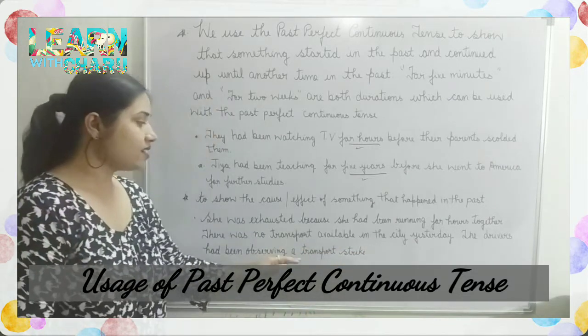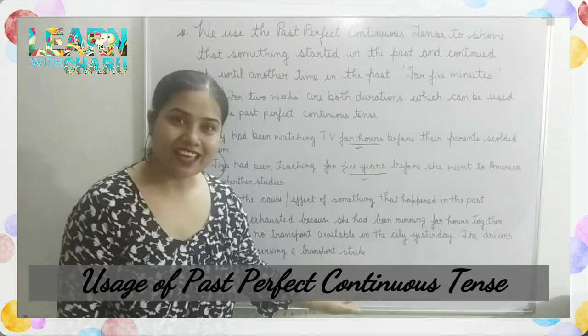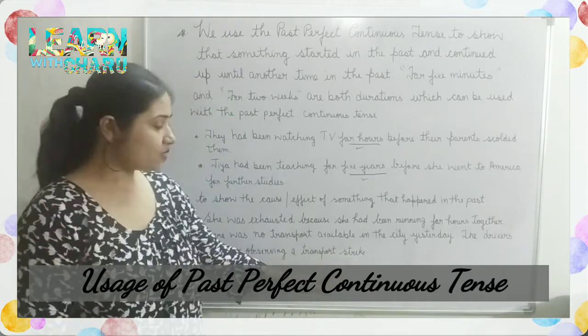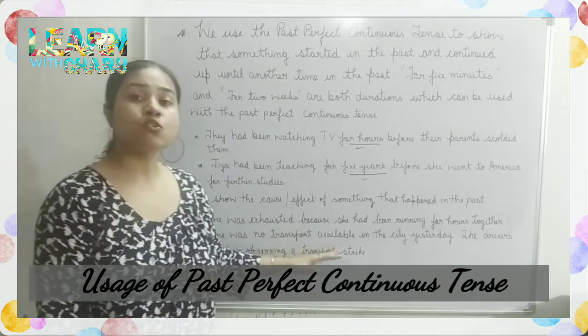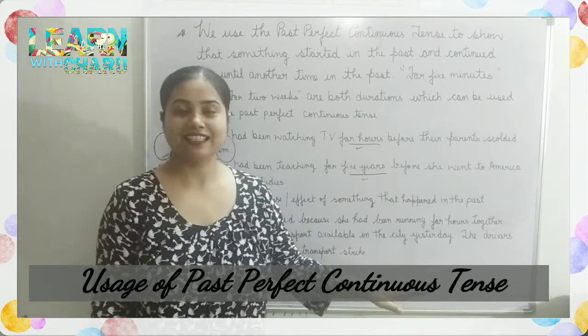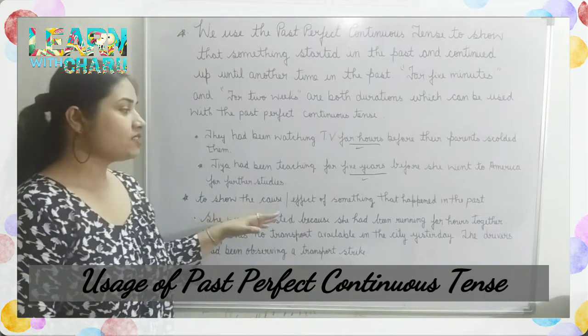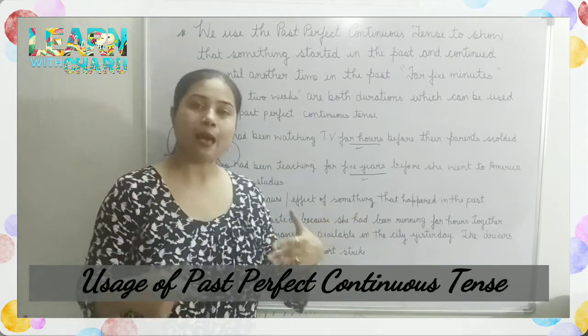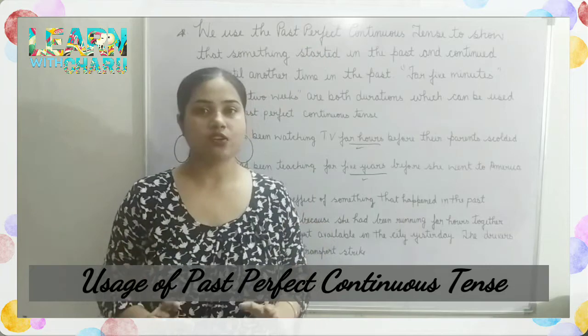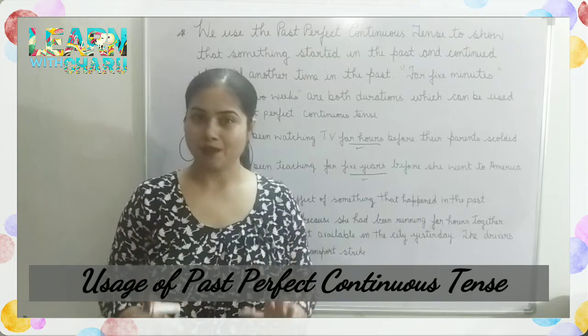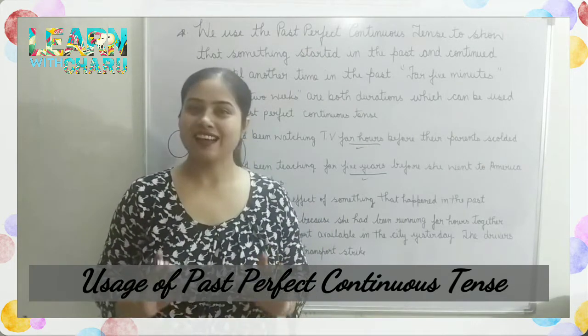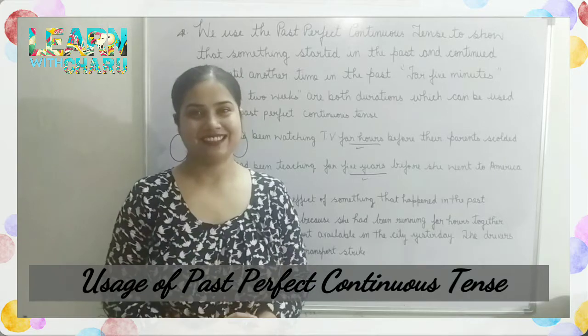Because there was a transport strike. And what was the effect? The effect was that there was no transport available in the city yesterday. So, to show cause and effect of something that happened in the past, for this also we use past perfect continuous tense.